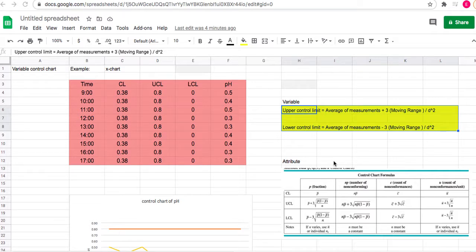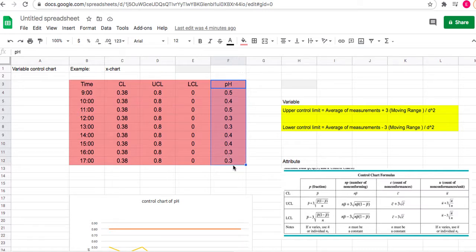Okay, right now I'm going to show you how to make a control chart very quickly. This method applies for both attribute data and variable data. So very simple. First, you need a dataset. For example, I use pH. Once you have a dataset, you need to calculate the control limit, including the upper control limit and lower control limit.